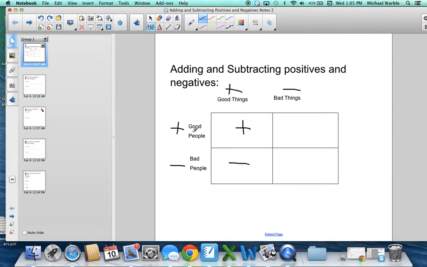And then when you match a positive with a negative on this side, you are also going to subtract. When you have two negatives like these, so minus a negative number, like bad things happening to bad people, you are going to get a positive outcome. So minus negative equals plus. Knowing this is going to help a lot when you are adding and subtracting negatives.